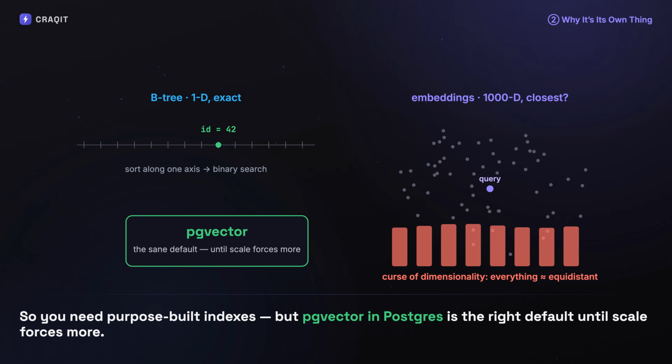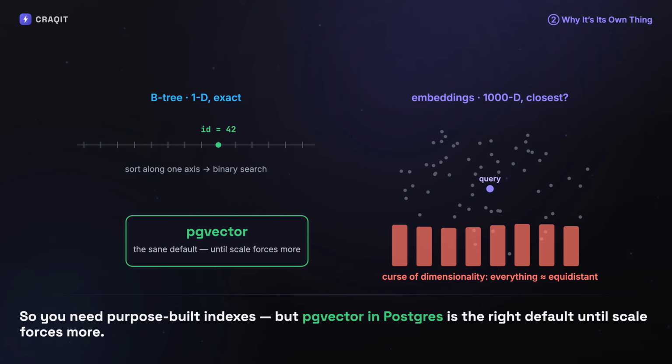One system to run, transactional consistency for free, joins with your real data. You reach for a dedicated vector database when scale or filtering or a strict latency target forces you to, not by default. Knowing that PG vector is the sane default, and when it stops being enough, is itself a strong signal. And be concrete about when it stops.